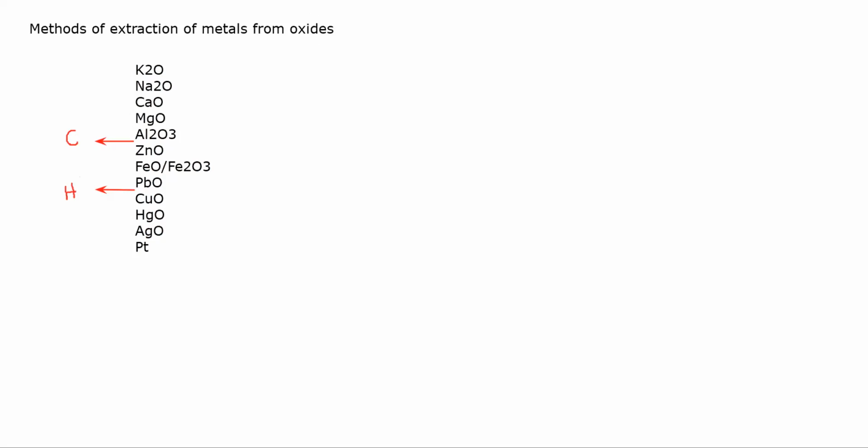So the method which we use to separate these metals from their oxides, for highly reactive metals such as potassium oxide, sodium oxide, calcium, magnesium, and aluminium, we separate by electrolysis of molten oxide.